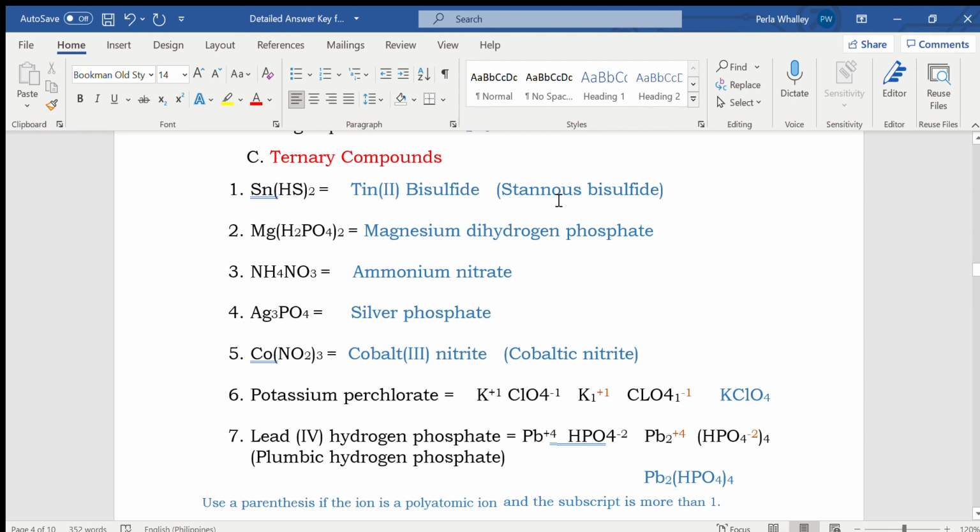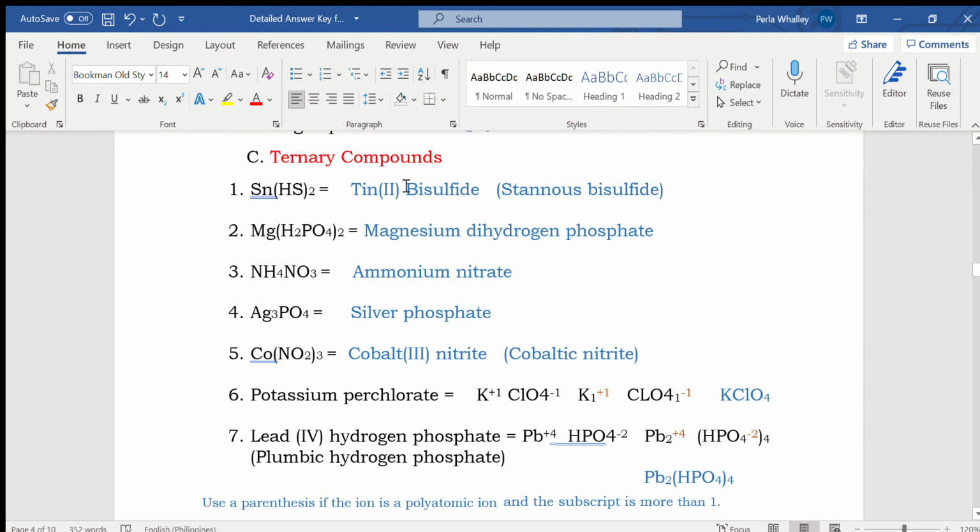And then the other name using the Latin name would be stannous. Tin has two oxidation numbers, the +2 and the +4. So we are in the +2, so it is lower. So the ending would be OUS. So it is stannous bisulfite.